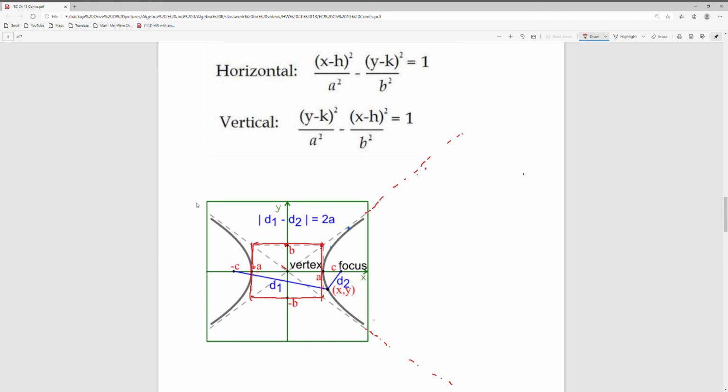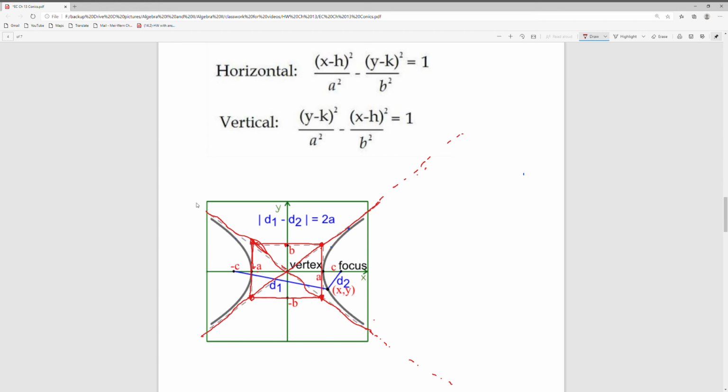And then connect the diagonal and extend the diagonal. This will be our asymptote. Same thing, connect these two diagonal, and this is the second asymptote.